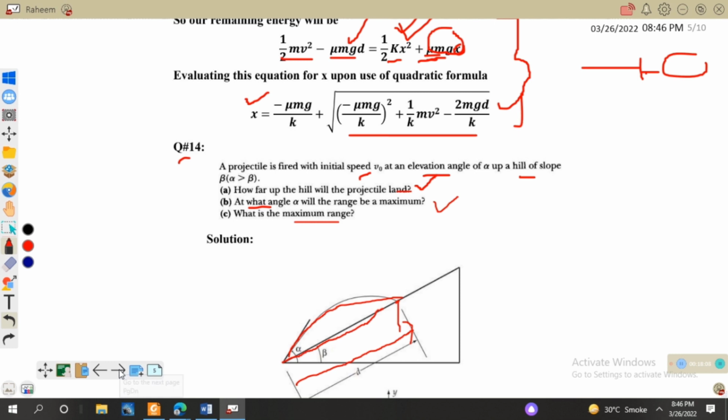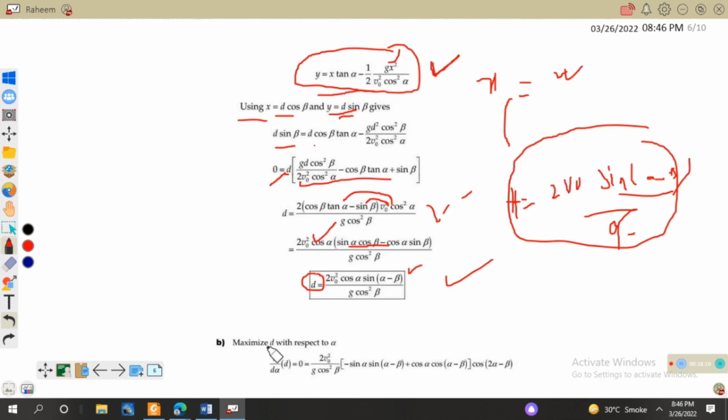So if we want to find the maximum range, we use mathematical tricks. We will have to take the derivative of this d with respect to alpha and put it equal to 0, because at maximum our rate of change is 0.